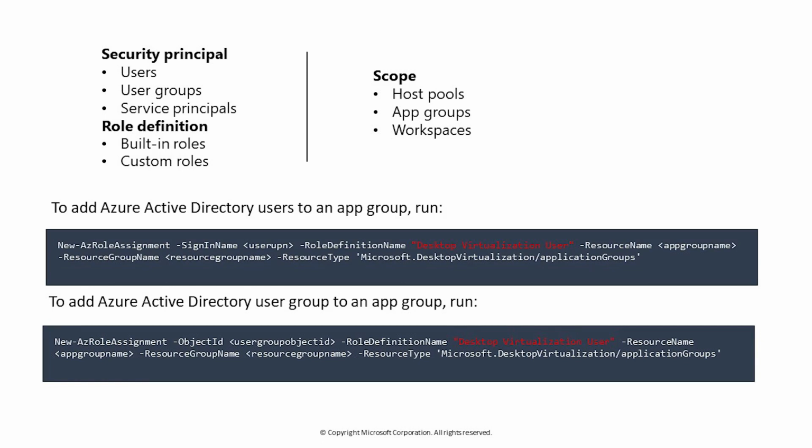Second, the role definition, meaning what roles, what permissions. And the third component is your scope. Scope is boundary. So in the context of Azure Virtual Desktop, the scopes would be your host pool, your workspace, your application groups.